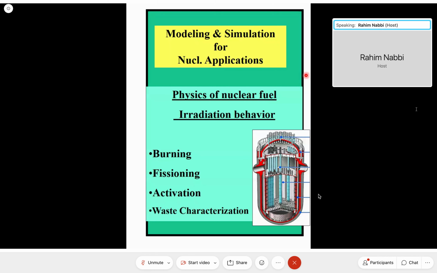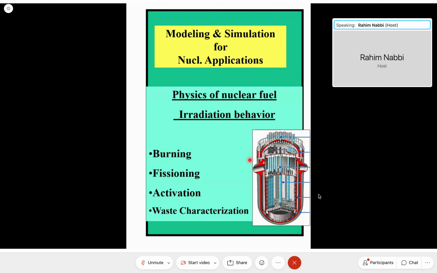So the topic is, as you see here, the physics of nuclear fuel and irradiation behavior. You remember the reactor looks like this design at the right-hand side.